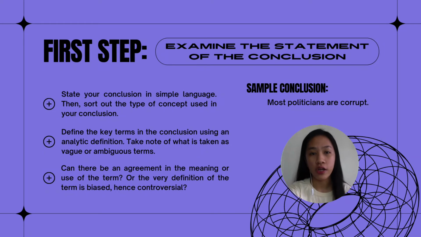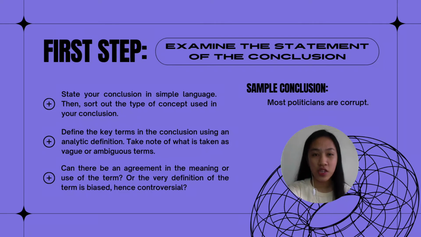Most politicians are corrupt. The term politicians is empirical, and the term corrupt naman, on the other hand, has a dual meaning. Pwede siyang empirical and pwede rin siyang emotionally loaded evaluative term. Therefore, the sample conclusion, itong most politicians are corrupt, ay isang empirical generalization with an emotionally loaded term.